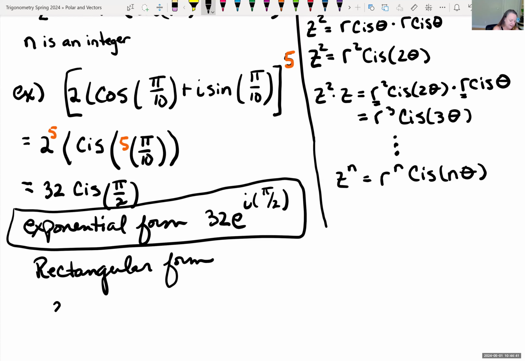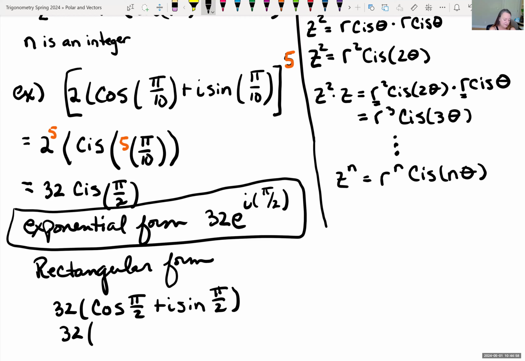We had 32 times, well, the cis was cosine of pi halves plus i sine of pi halves. So let's go back and evaluate those trigonometric functions at those angles. Those are ones that you should know. So we have 32 times cosine of pi halves is 0 plus i sine of pi halves is 1. So in rectangular form, this is equal to 32i.